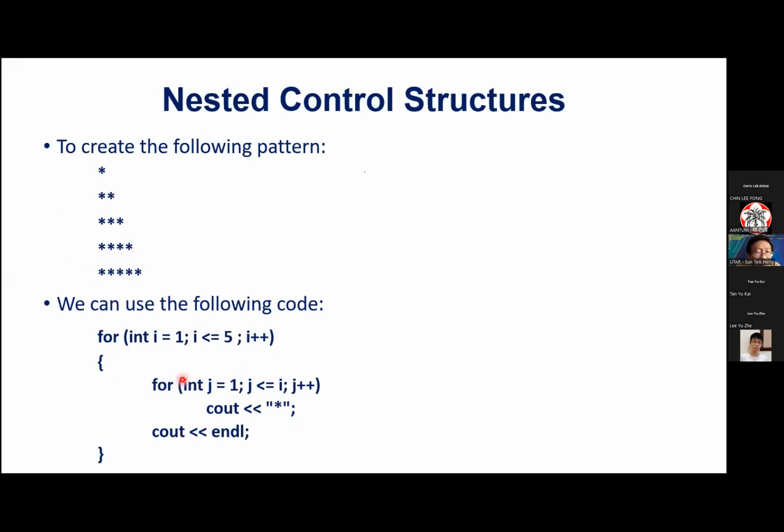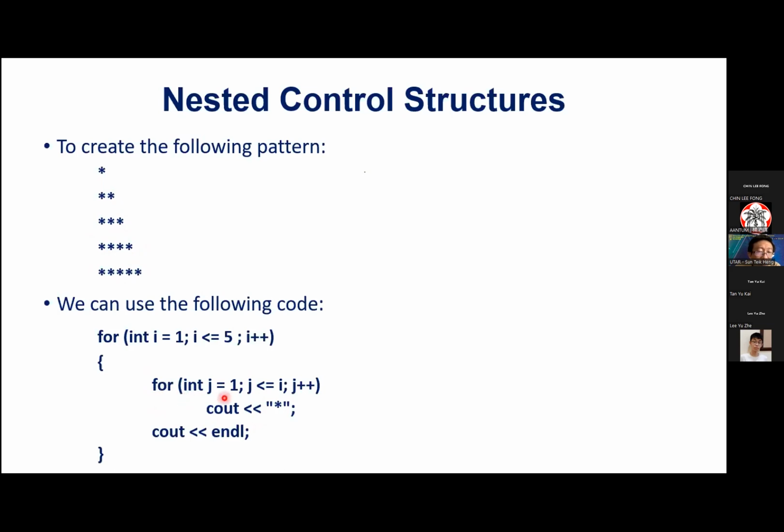It means that inside the body of the outer for loop, we are going to print the stars. So we can use a for loop here to print the stars in each line. How many stars we print in each line depends on how many times this inner for loop loops.